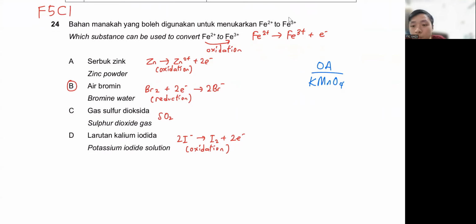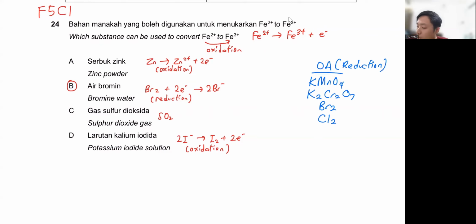Acidified potassium manganate(VII), acidified potassium dichromate(VI), bromine water, and chlorine water. You have to know these. An oxidizing agent means it undergoes reduction.